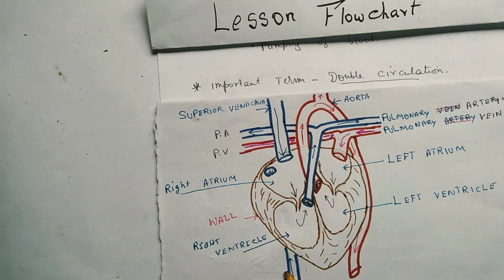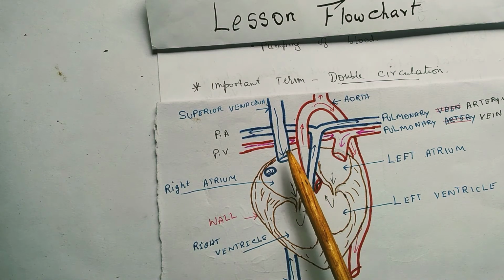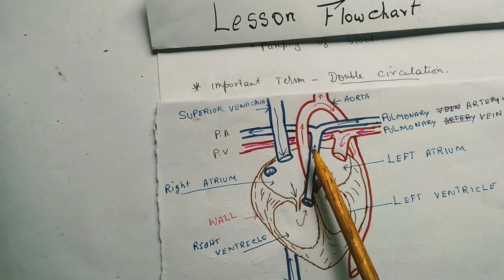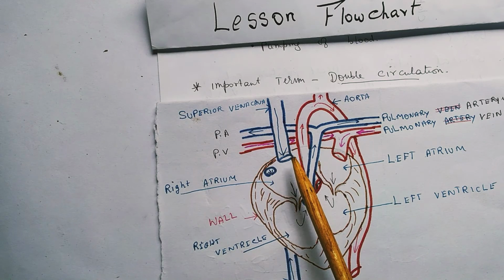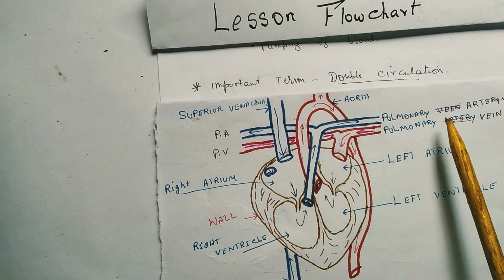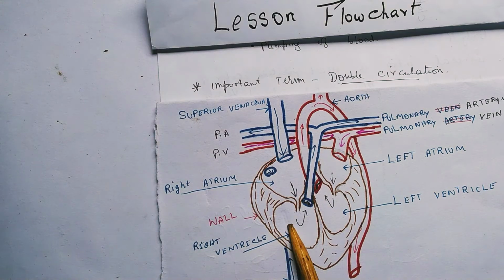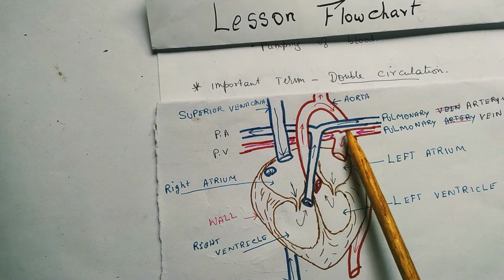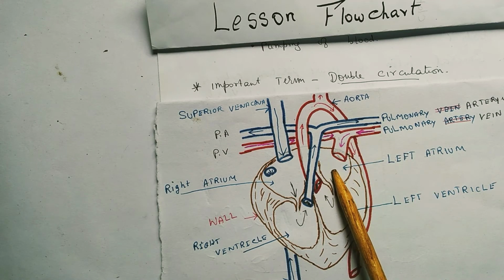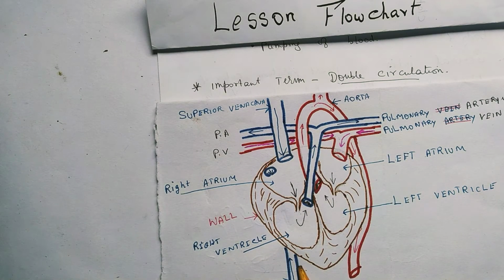So you see that in just one go it has to pass through the heart 2 times: first while coming from the different parts of the body to the heart, and second while coming from the lungs to the heart, and again to different parts of the body. That process of passing through the heart 2 times by the blood is called double circulation.